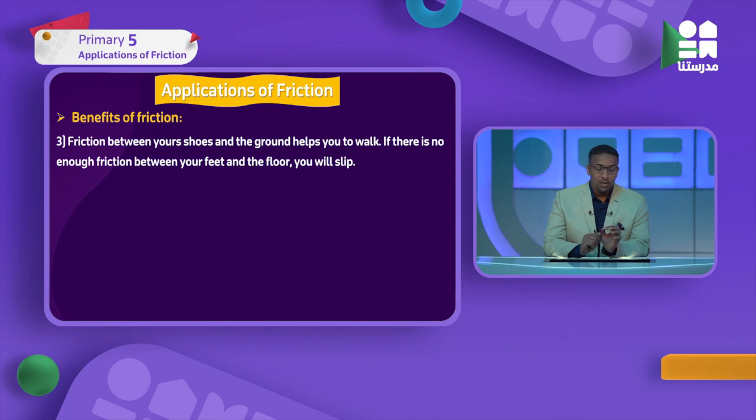طيب friction between your shoes and the ground helps you to walk.